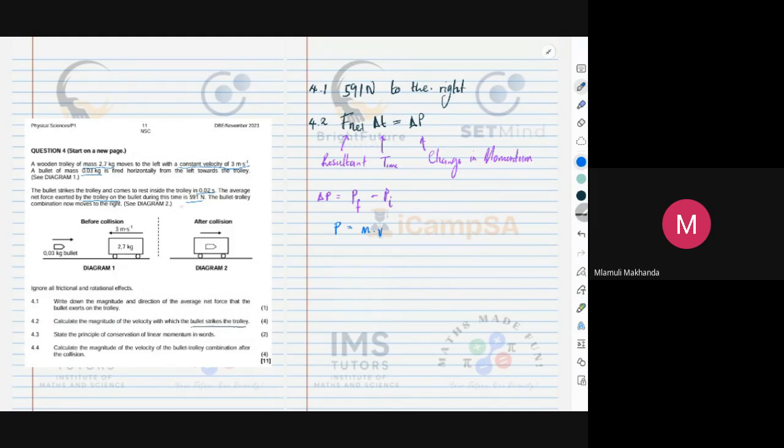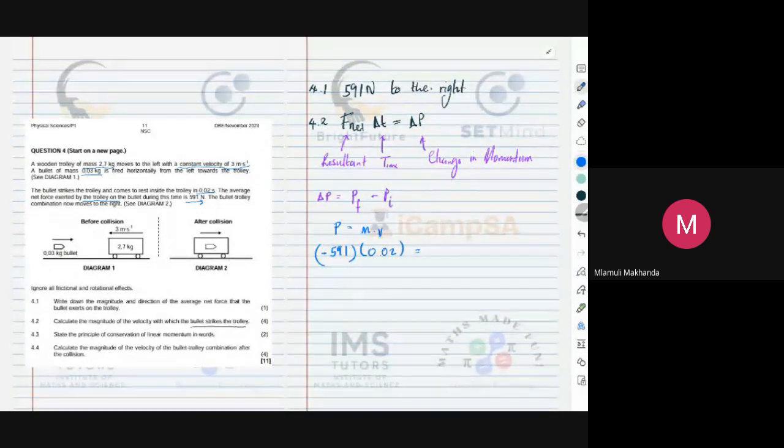In this case, the trolley is the one that is going to the left, so this force here is going to the left, right? So we can put our force as negative 591 times the contact time, which is 0.02 seconds, equals the change in momentum.